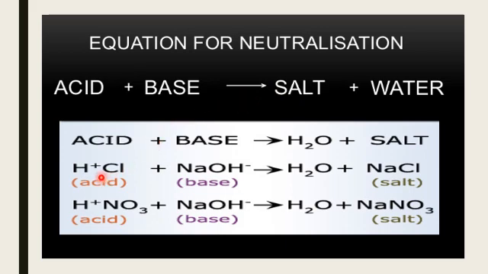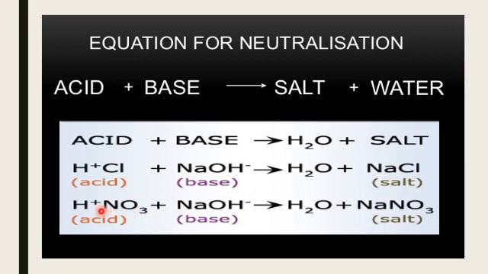Here are some chemical equations. Hydrochloric acid, HCl, is an acid. It reacts with a base, that is sodium hydroxide, which contains one hydroxide, and hydrochloric acid contains one hydrogen ion. When they react together to form water plus salt, that is sodium chloride, it is neutralization reaction.